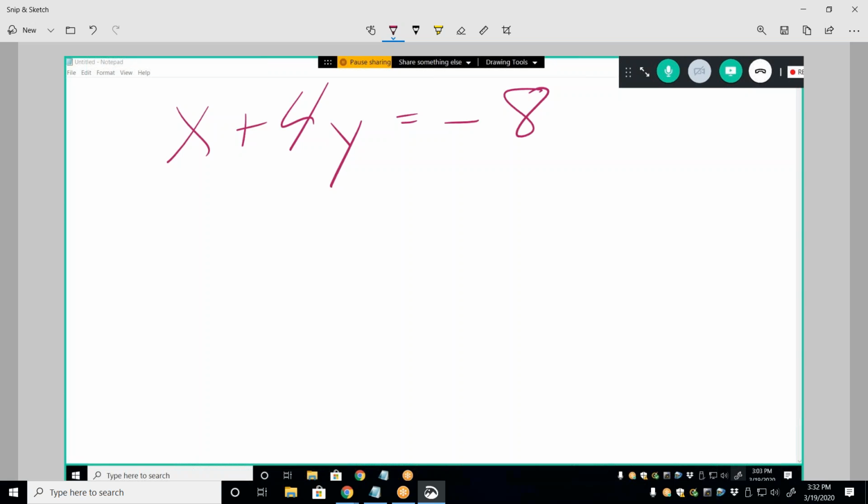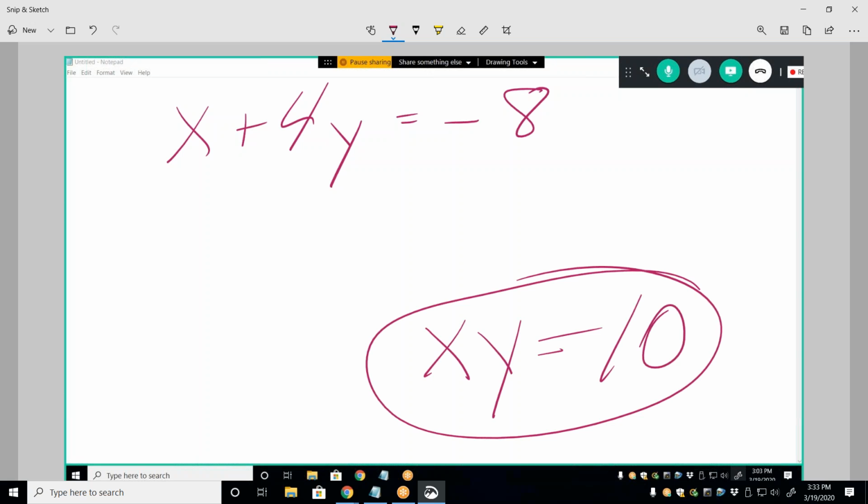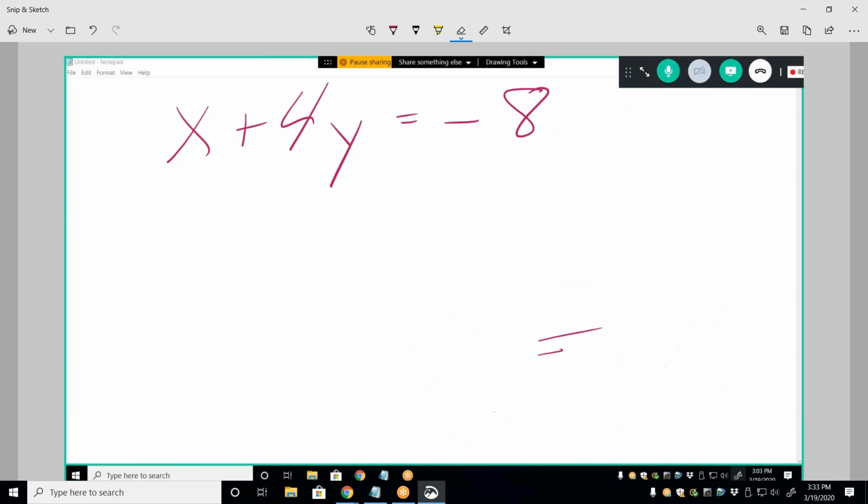So if I give you this, that's not a straight line because they're being multiplied. They have to be added or subtracted. In other words, you have to be able to get it into y equals mx plus b format.